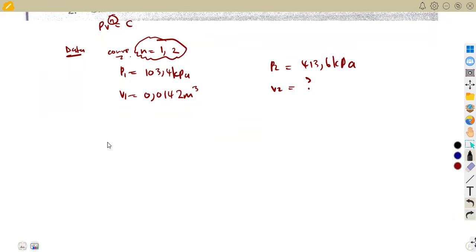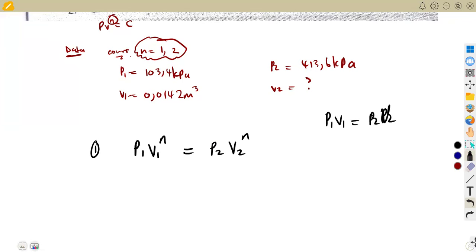So we write the same formula as P1 V1 to the exponent of n, which is equal to P2 V2 to the exponent of n. We are no longer using P1 V1 is equal to P2 V2 as we had in our previous class. So make sure that you watch that class, because this is a continuation of the introduction to the polytropic.